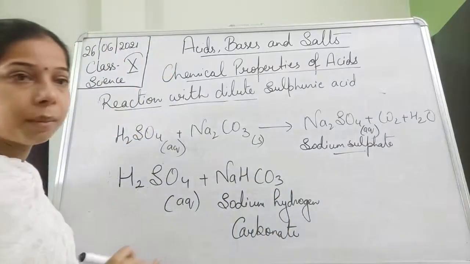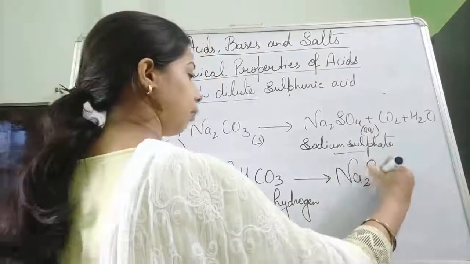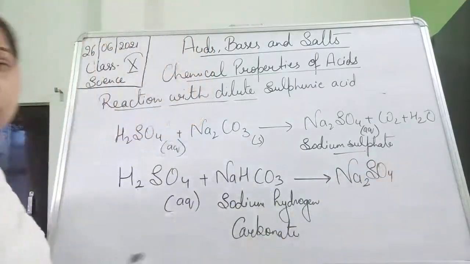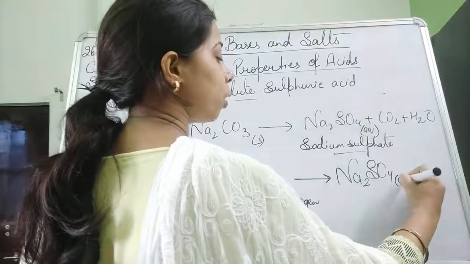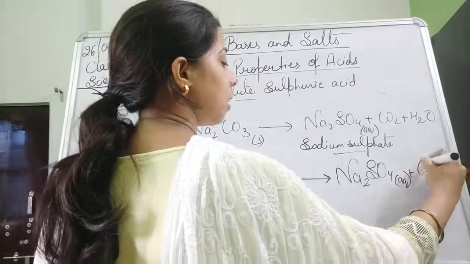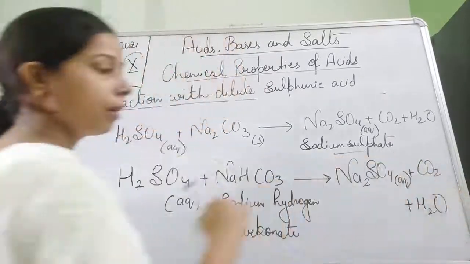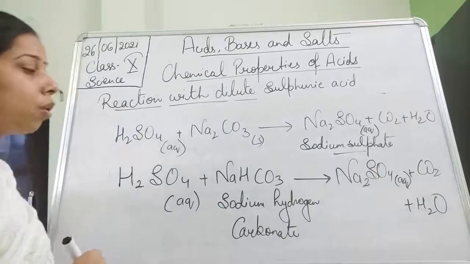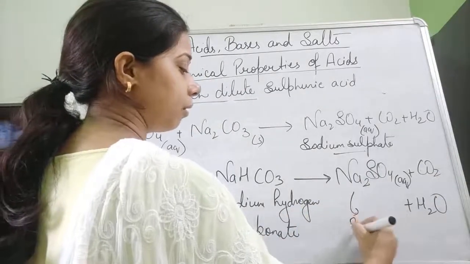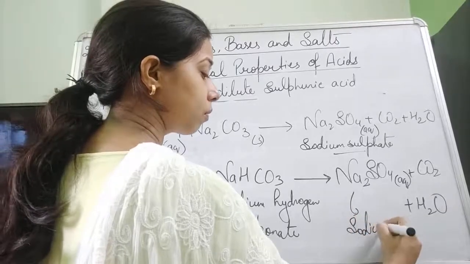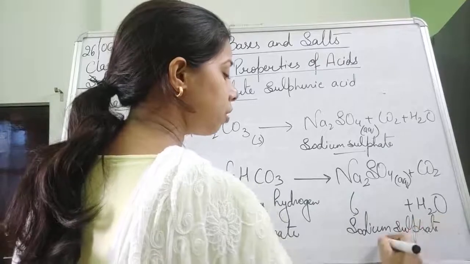Then again students, there is a formation of Na2SO4, which is in the aqueous solution, sodium sulfate, plus carbon dioxide is released plus water. Okay, so this is a salt, sodium sulfate.